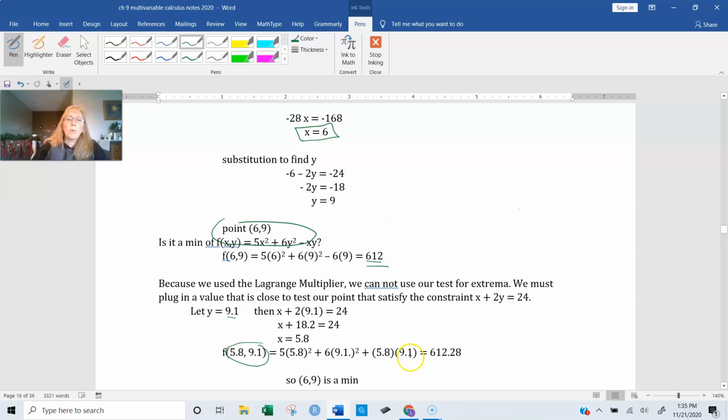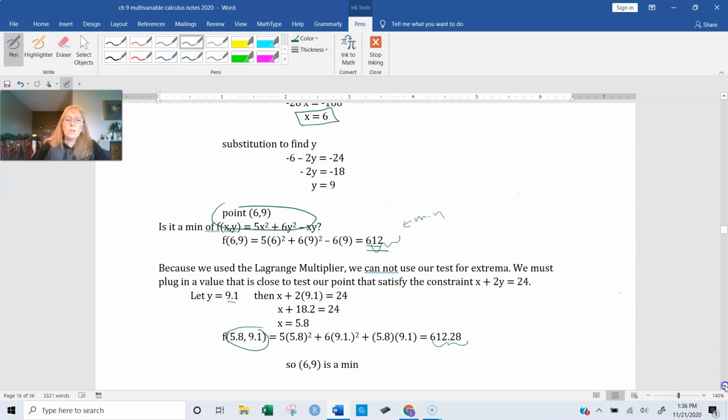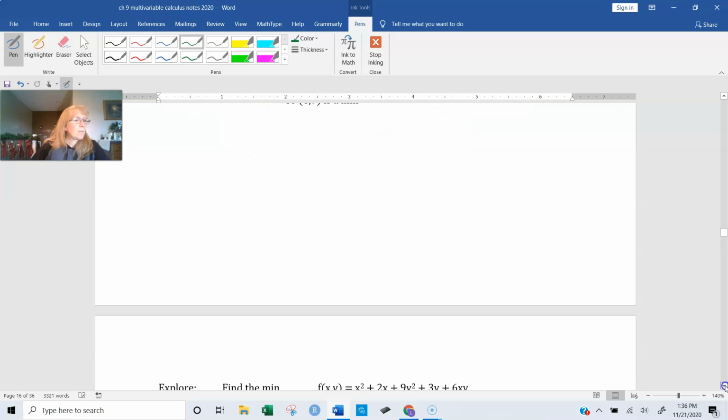So we do 9.1, plug it in, we get 612.28. Okay, 612.28 is above my 612 here. So since this is above, this here must be a min. So if I ended up with something lower, then this would have been a max. So nothing too earth-shattering there.